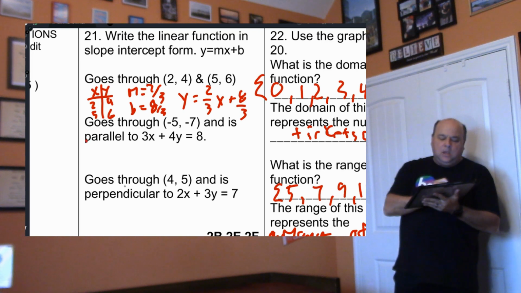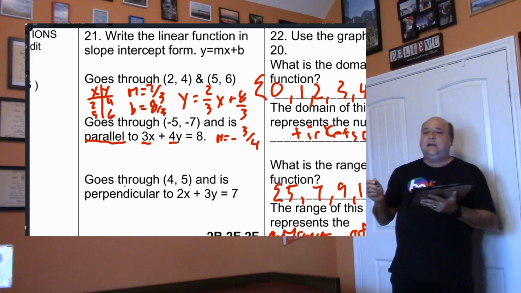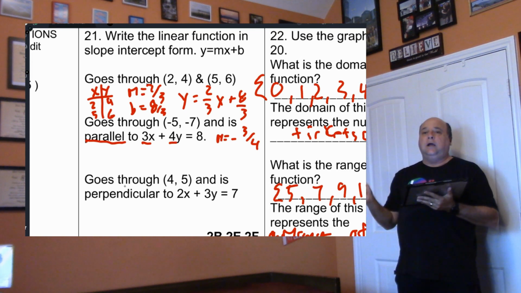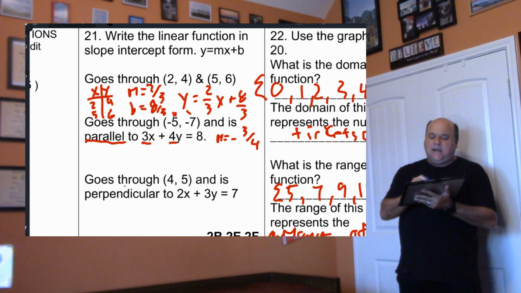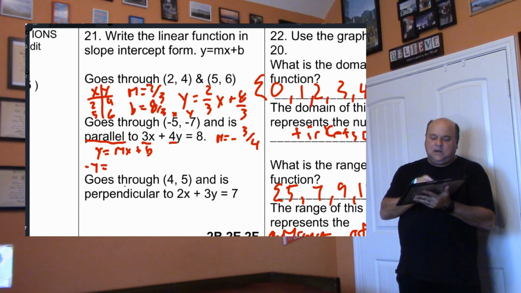On the next one, we have a parallel line. We have the 3 and the 4. Remember, the 3/4 will be your slope, and the opposite of a positive is a negative. So my m is -3/4, and it's parallel, so it won't change. This is my x, this is my y. I'm going to plug this into y equals mx plus b. I do not know the b. So my y is -7, my m is -3/4, times my x is 5, plus b, comma b.